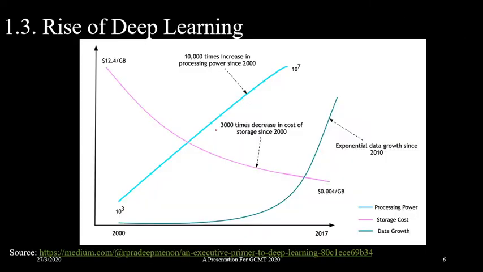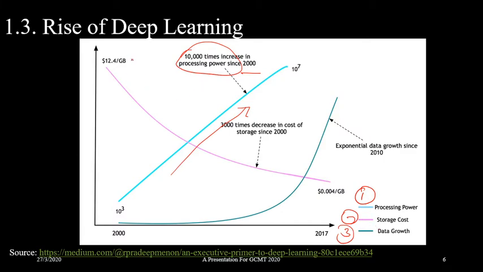So why deep learning now? Why not 10 years back, 20 years back? There are three factors. One is the processing power. As you can see here, it has increased 10,000 times since the year 2000, the blue line here. The second and the third are interrelated. The second is the storage cost.